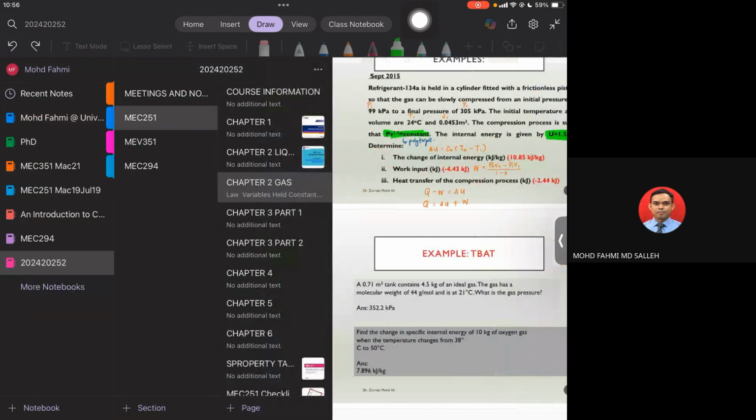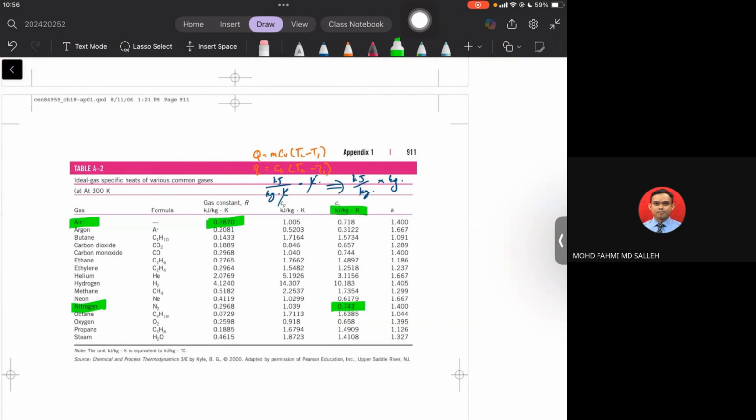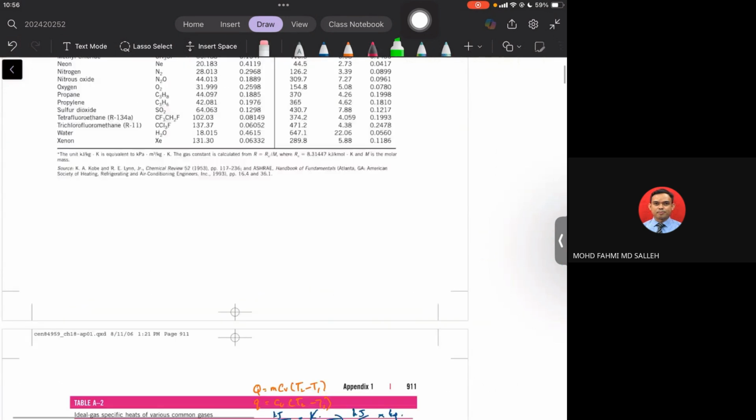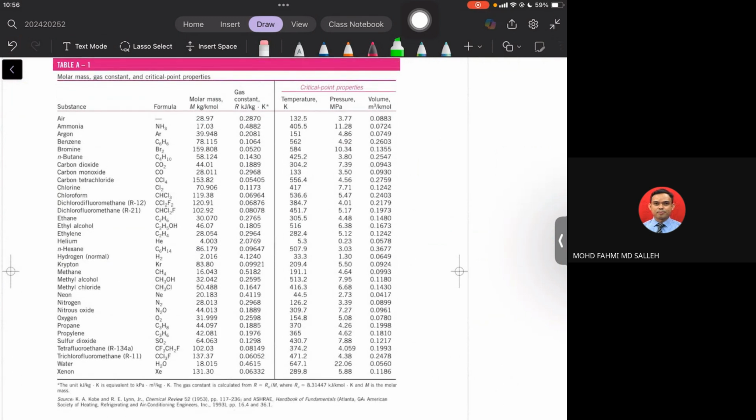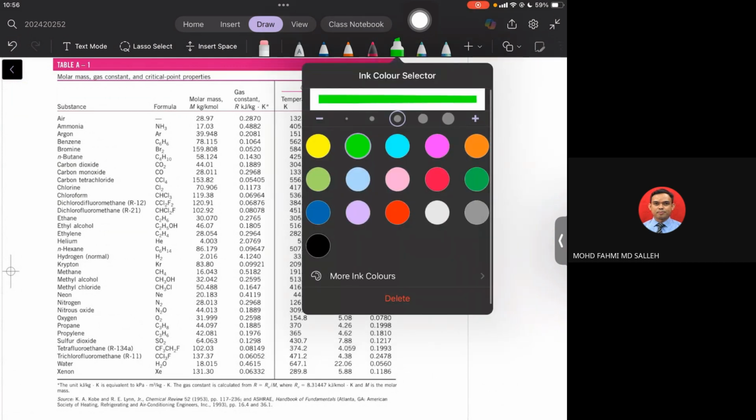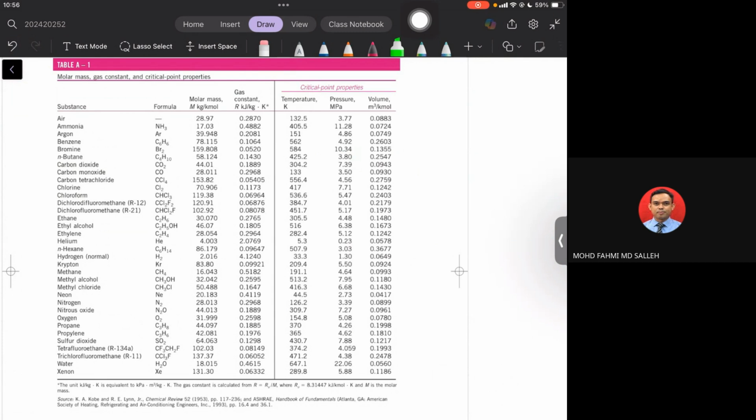For this, you can refer to the property tables, Table E1, if you can see there, we have the substance R134A, and then the value for the gas constant will be 0.08149 kilojoule over kilogram Kelvin.